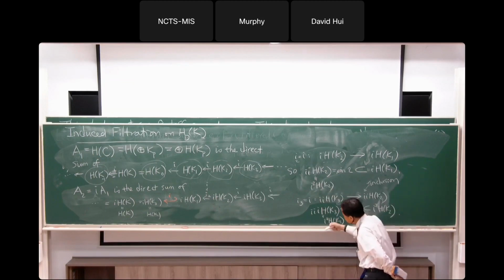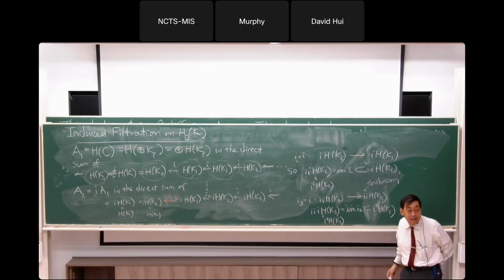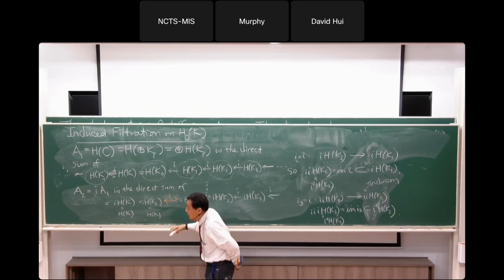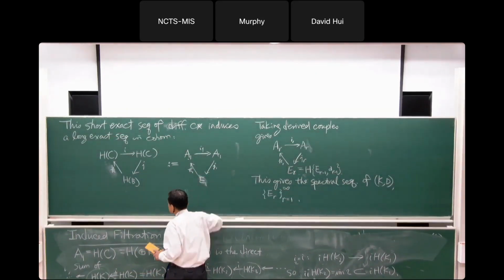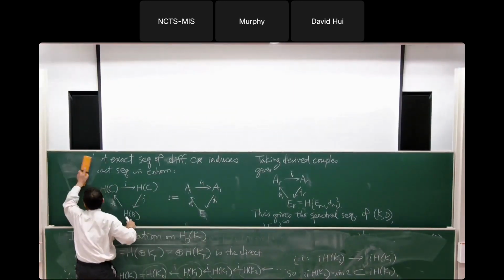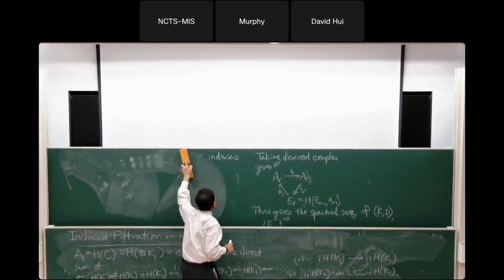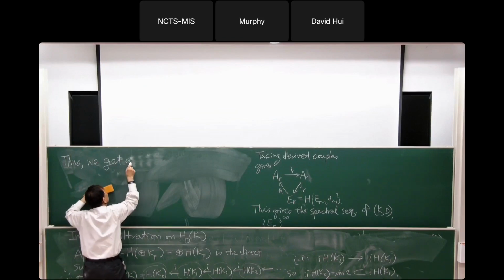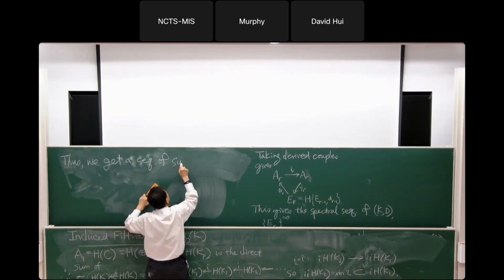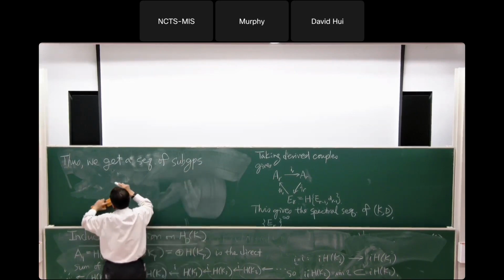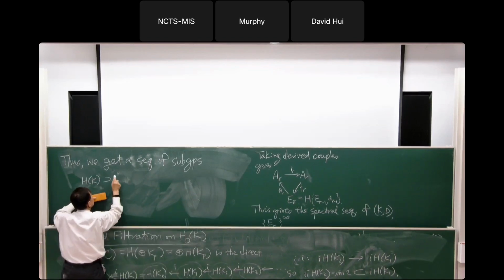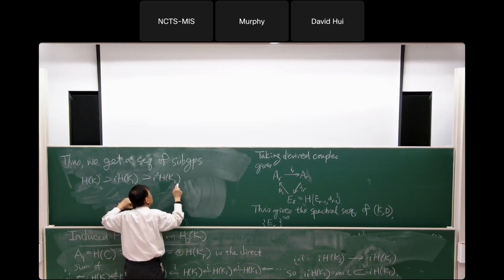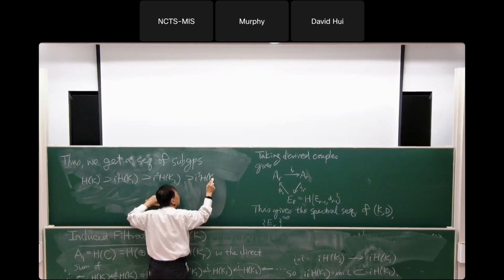I square H K2 contains as a subgroup I cube H K3. So thus we get a sequence of subgroups of H of K, starting with H of K, which contains I H of K1, that contains I square H of K2, that contains I cube H of K3, and so on.